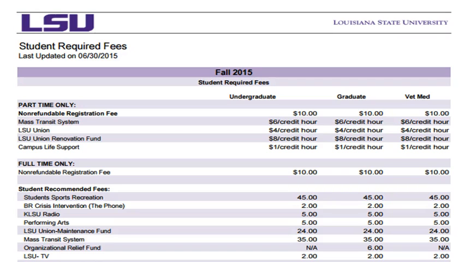And we're looking at the first column for the undergraduate. You pay for the student sports recreation, so that's the rec center. They have a crisis intervention phone. You pay for the radio station. You pay a little bit for the performing arts. So there are different fees that students have to pay when they attend college.